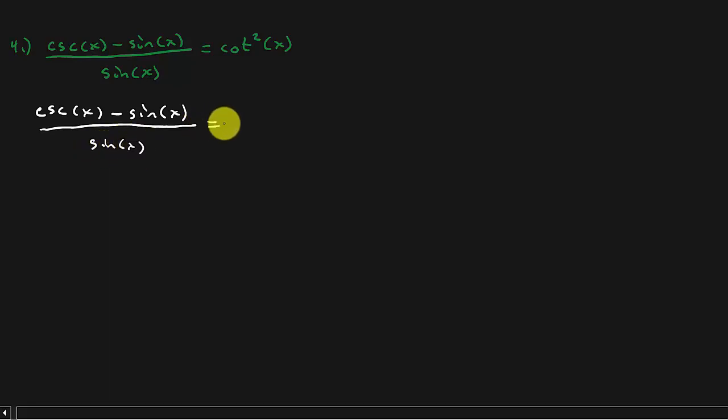All right, so what could we do here? Now I'm not saying this is what you're going to want to do every single time, but one thing that you can do when you have a fraction like this, you got this numerator, cosecant minus sine, and that's over a common denominator, one thing to try is splitting up the fraction.